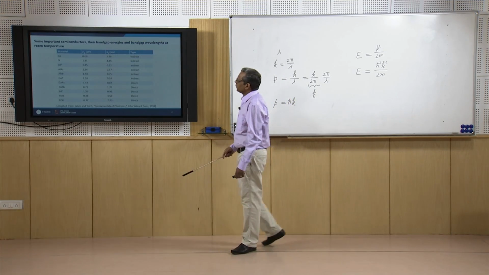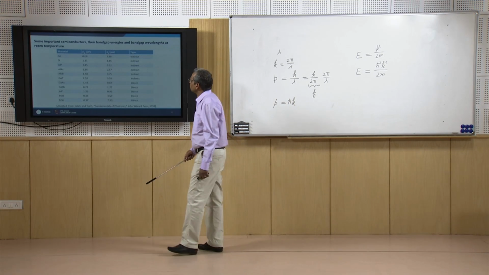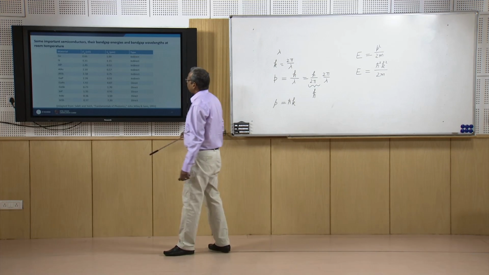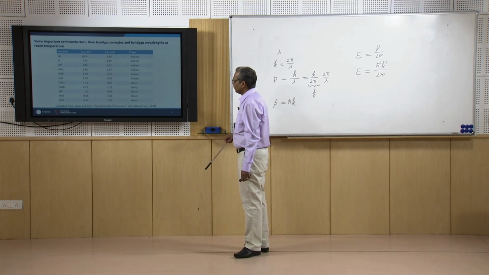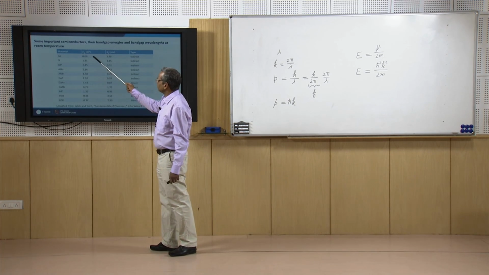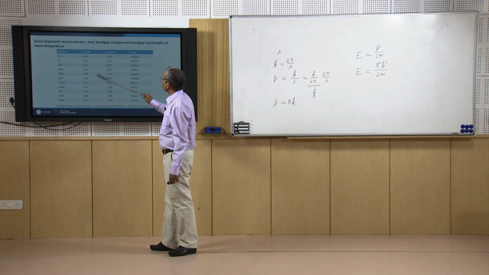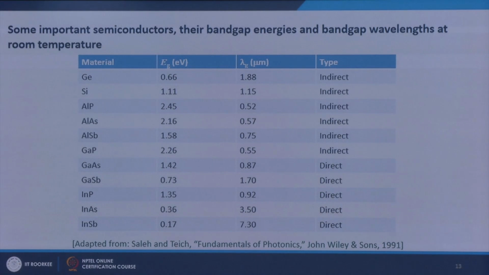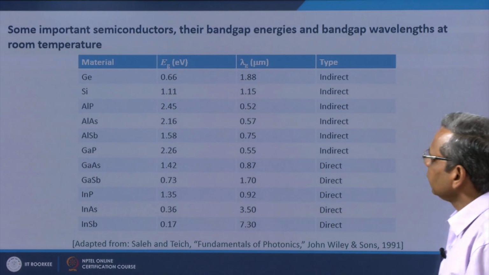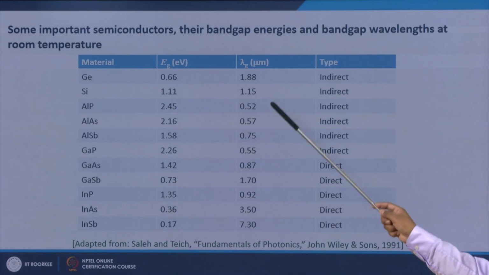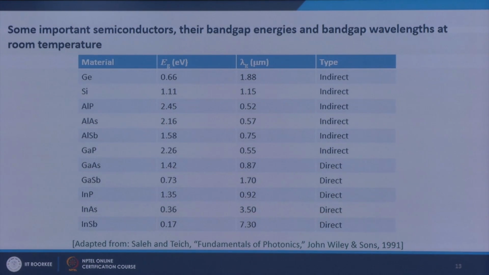These are some important semiconductors, their band gap energies and band gap wavelengths, and also the type of the semiconductor. So, you can see germanium has a band gap energy of about 6.6 electron volt, which corresponds to band gap wavelength of 1.88 micrometer, and it is an indirect semiconductor. Well, silicon has a band gap energy of 1.1 electron volt, corresponding band gap wavelength 1.15, it is also an indirect semiconductor.